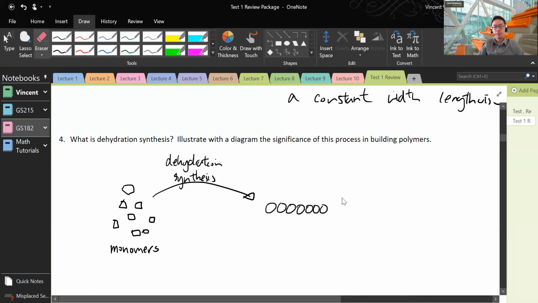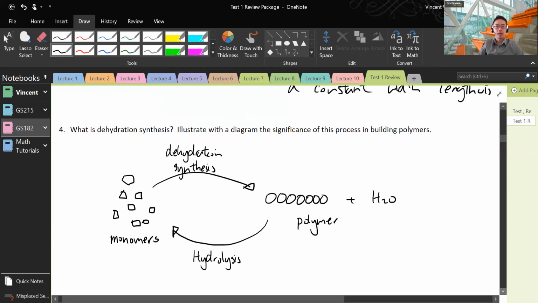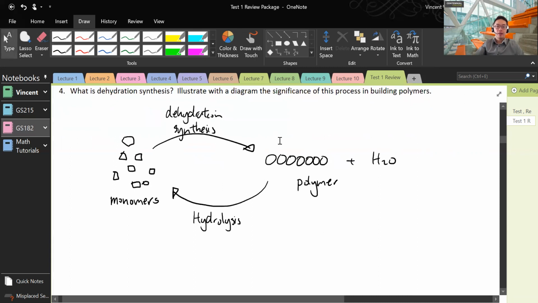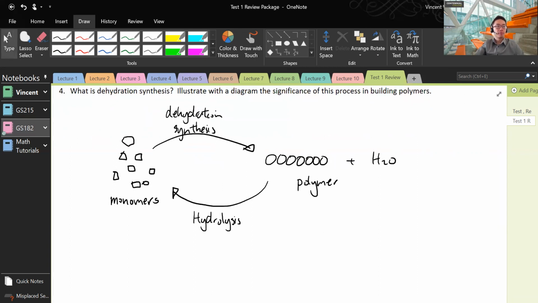Every time you connect the monomers together, you will generate some water. And of course, the opposite, to break down the polymer into the monomers, would be hydrolysis.